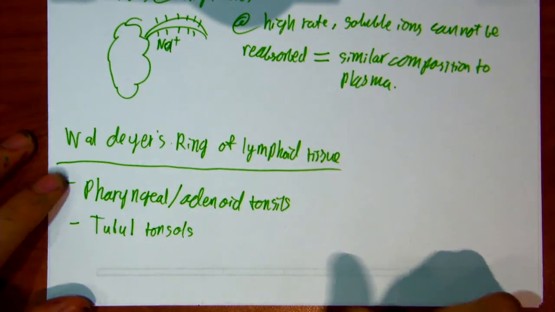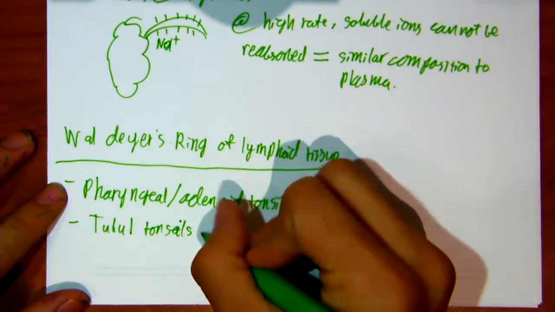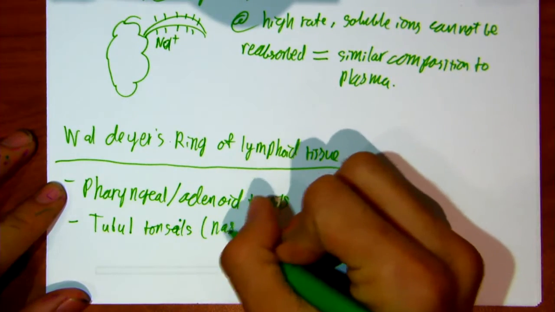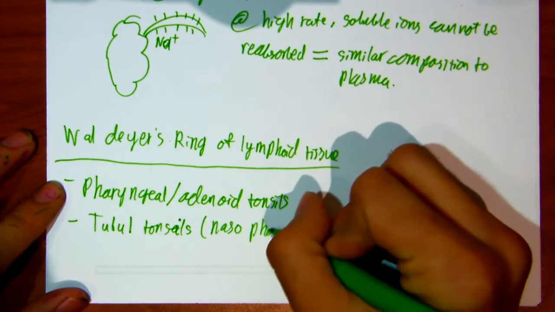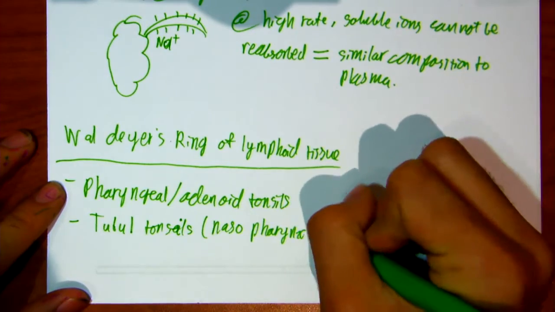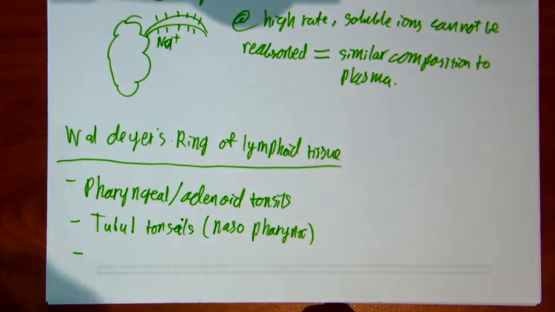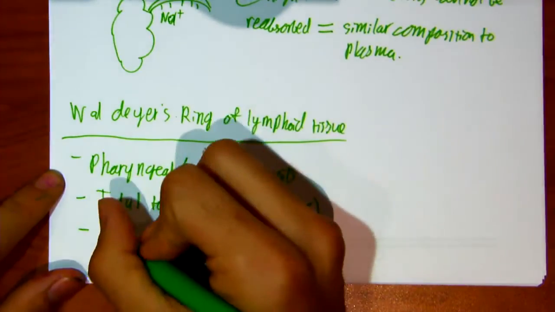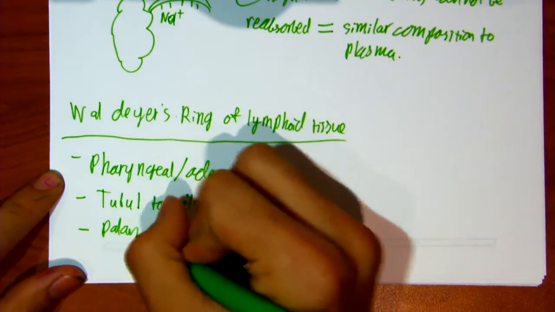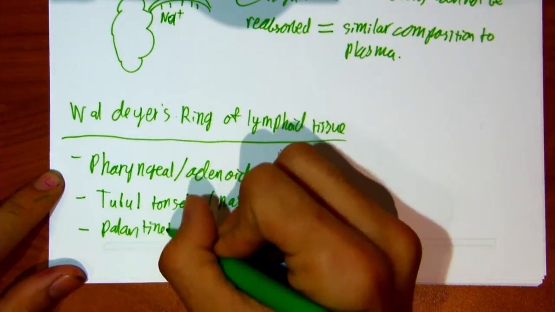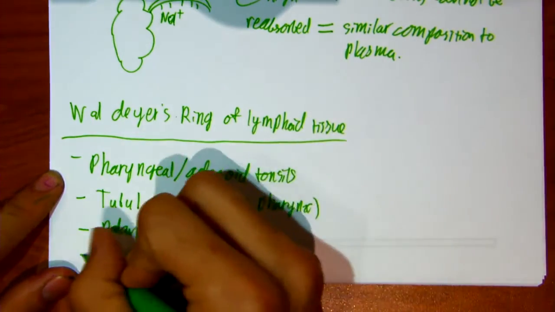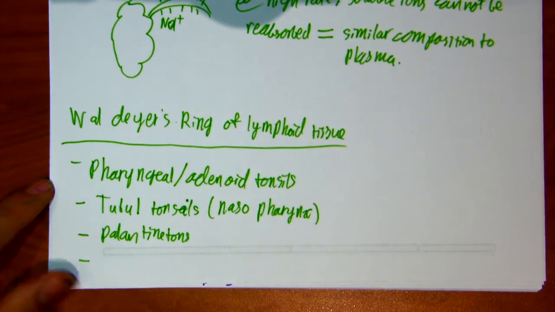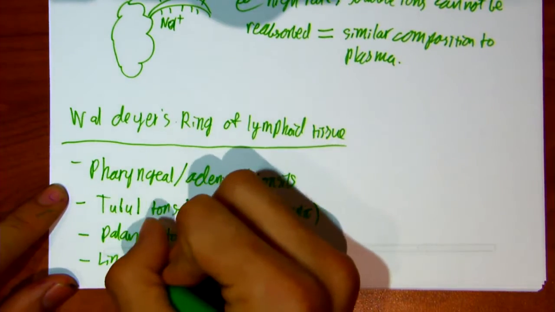You can also have tubal tonsils, located in the nasopharynx. Another, more commonly known, is the palatine tonsils. And lastly, you'll have lingual tonsils.